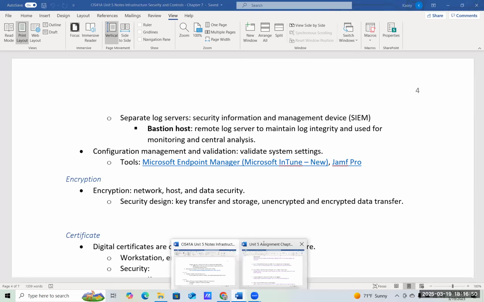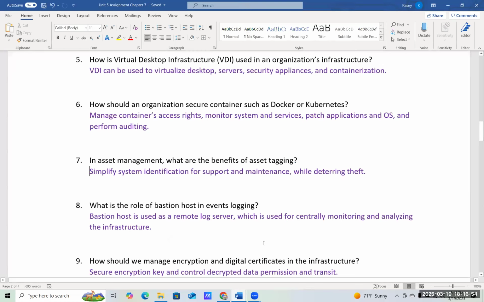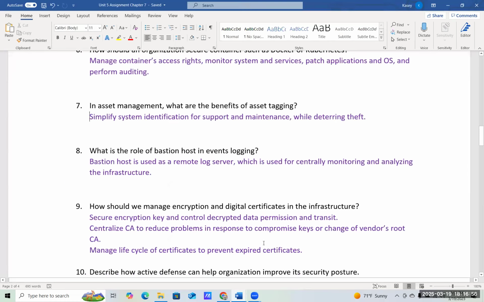So for question 8, it says, what is the role of Bastion host in events logging? It is used as a remote log server, which is used for centrally monitoring and analyzing the IT infrastructure. So when you hear the term Bastion host, you know that it is a remote log server.